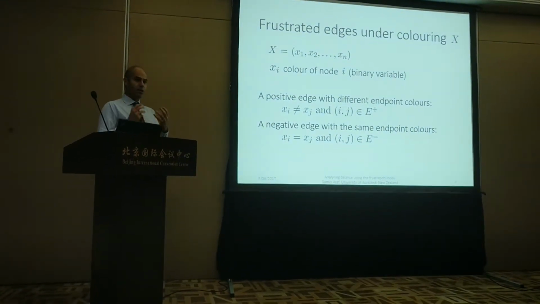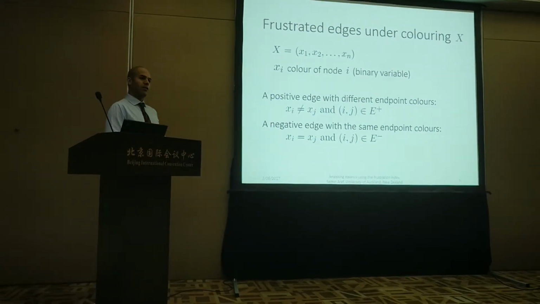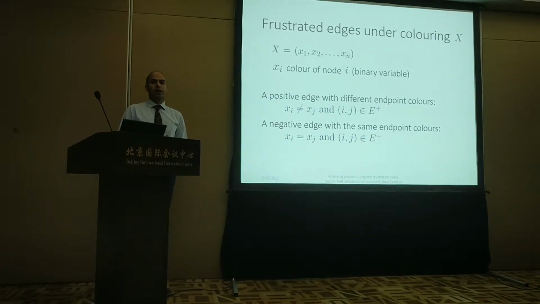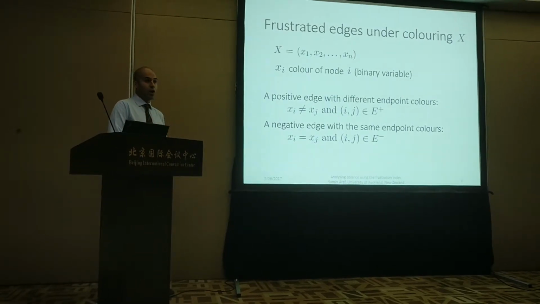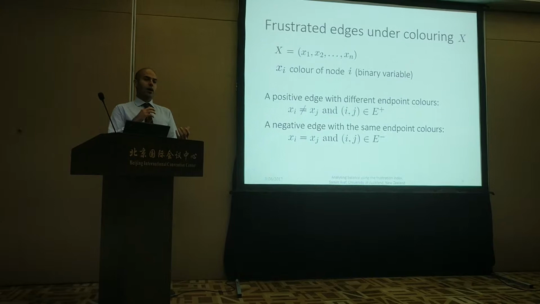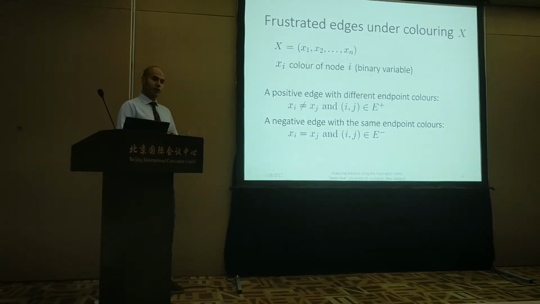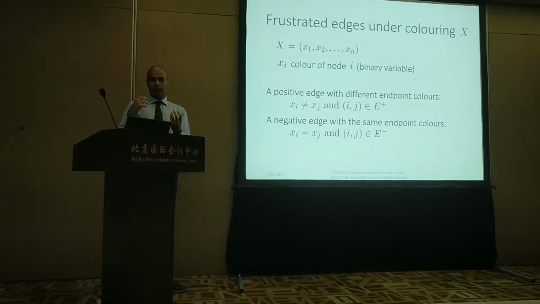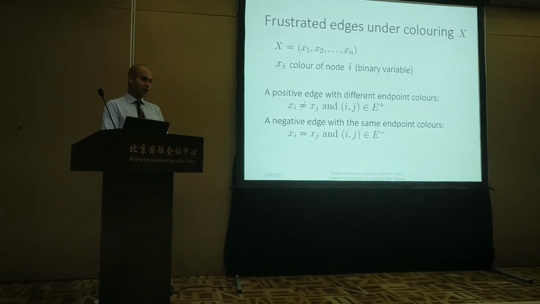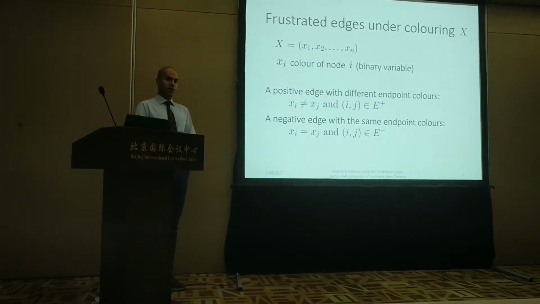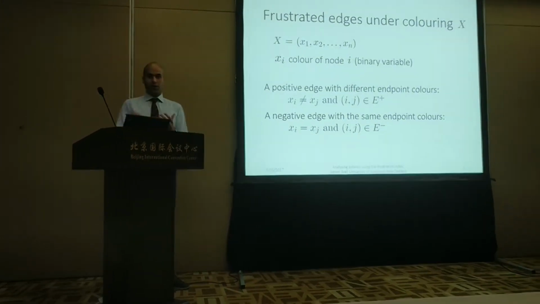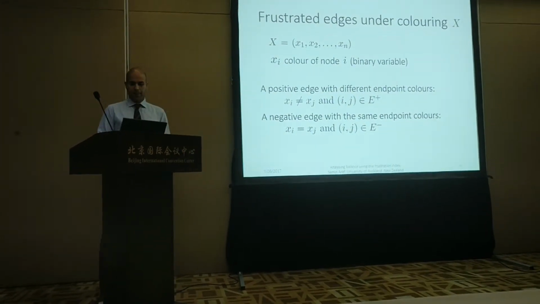When we have a node coloring X, where Xi is a binary variable representing the color of node i, then a positive edge with two different endpoint colors is frustrated, and a negative edge with the same endpoint colors is also frustrated.